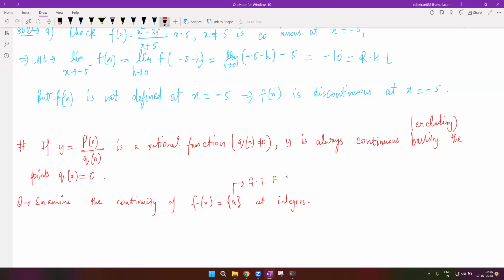So what does it do? Like the job of the modulus function is to make everything positive, what is the job of the greatest integer function? To make everything an integer.